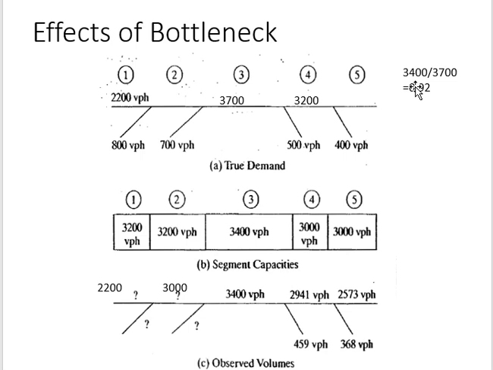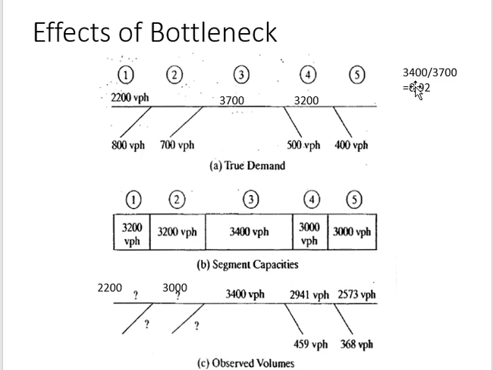Okay. Now something which we have seen in all the examples we have done up till now, even in half of this example, even the previous one. This is equal to what? 2,200 equal to demand. 3,000 equal to what? Demand. 3,400 equal to what?